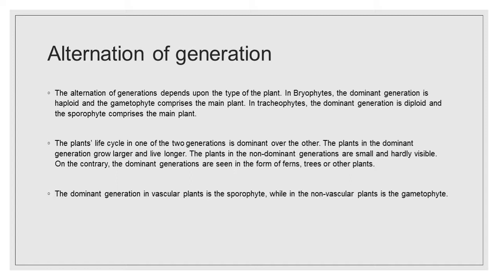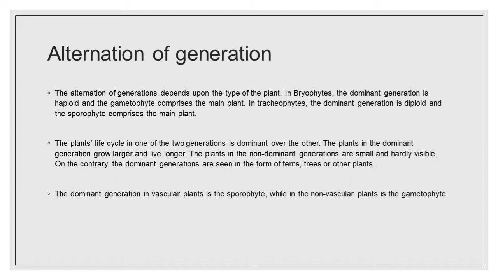Like suppose in bryophyte, the dominant generation is the haploid body, that is the gametophytic body, and the sporophyte is going to get attached to it and cannot live an independent life. And in tracheophytes, the dominant generation is diploid, the sporophyte, which comprises the main plant body, but the gametophyte does have an independent existence.